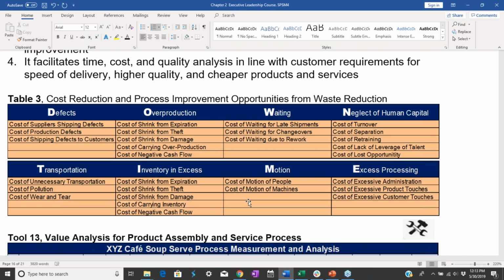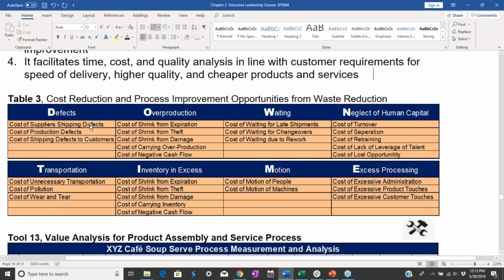And we devised this table here, which could help us open our eyes and look at our organizations and see where we could find additional cost reduction opportunities.